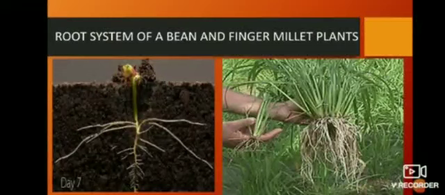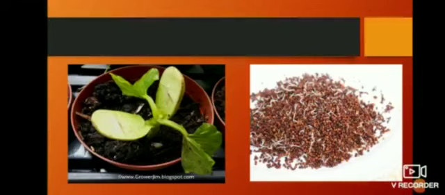So next, another function of a root. It fixes the plant to the soil. Now here you can see it's a bean plant with the two cotyledons. Very clearly you can see here.